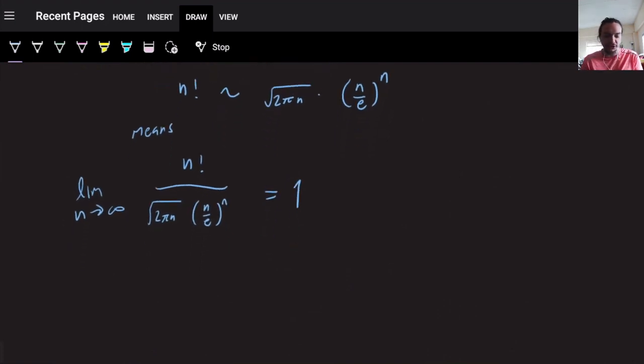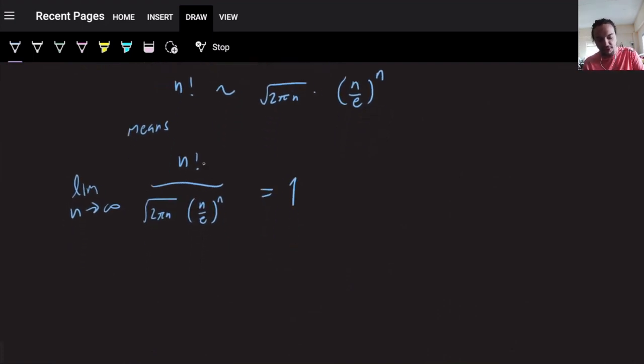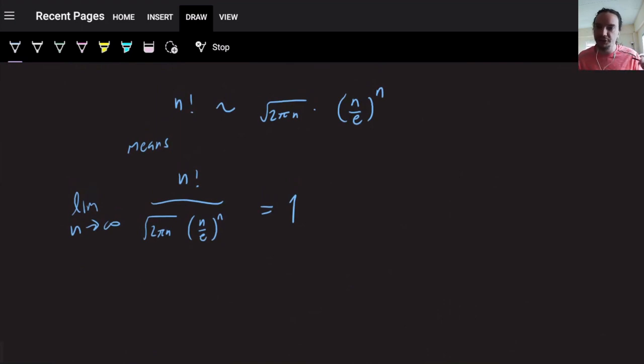So basically it says that as n goes to infinity, these guys are getting closer and closer together. It doesn't mean that they're converging to each other. If that were happening, that would be even better. But it does mean that relative to their sizes, they're getting closer and closer together.